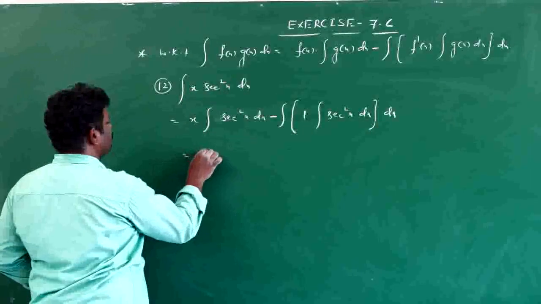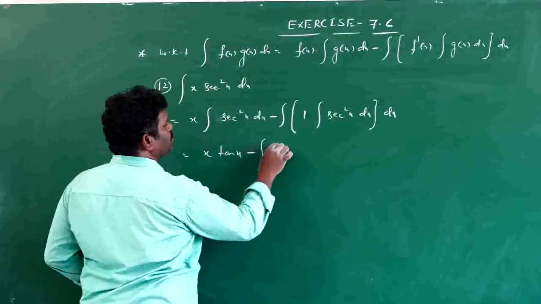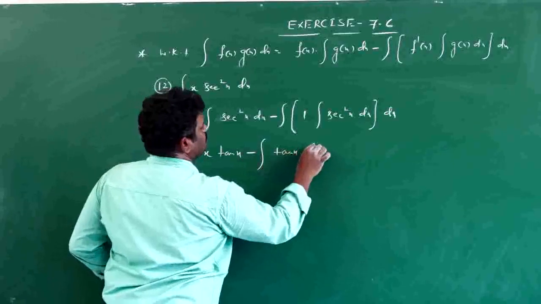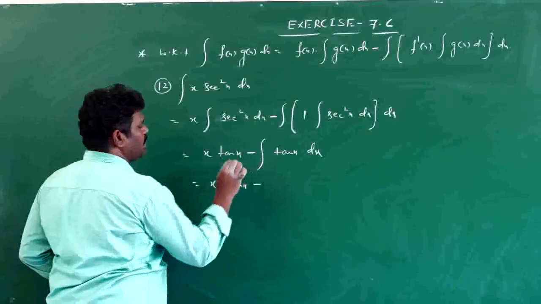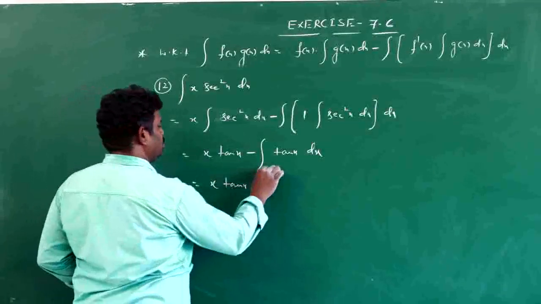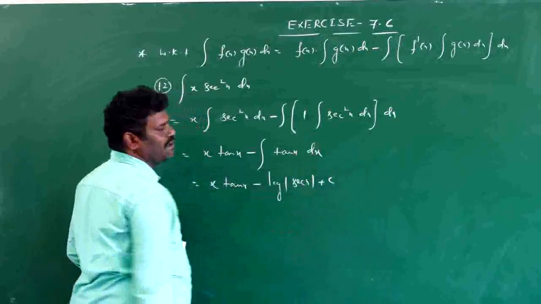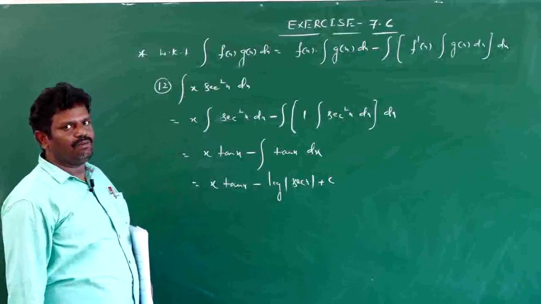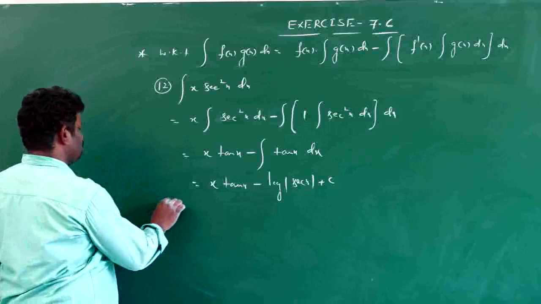Now see ma, x into tan x minus integral of tan x dx, that is equal to x into tan x minus log of mod secant x plus c. Otherwise sine by cos, if you have done, plus log of cos x plus c, any one. So correct answer.